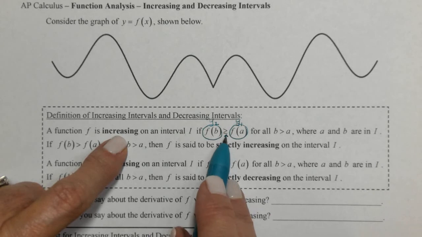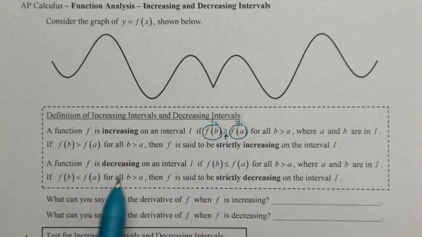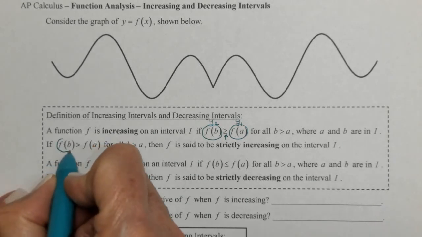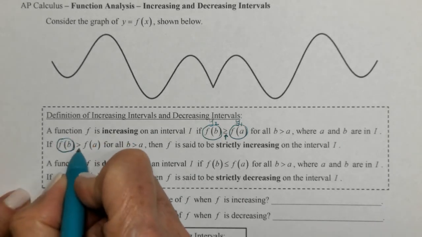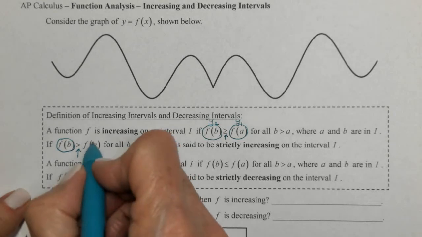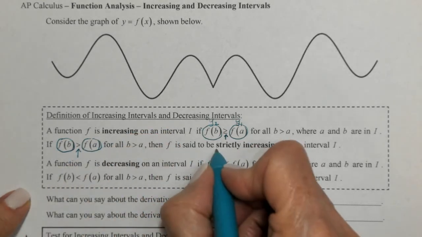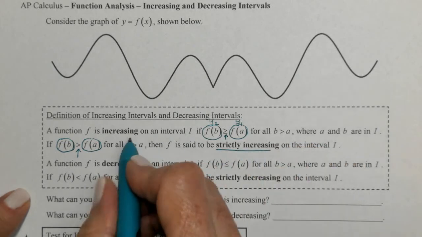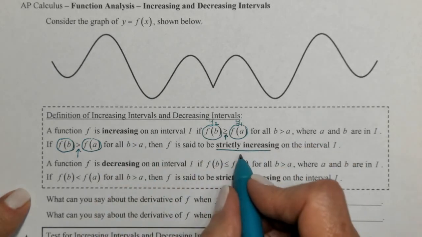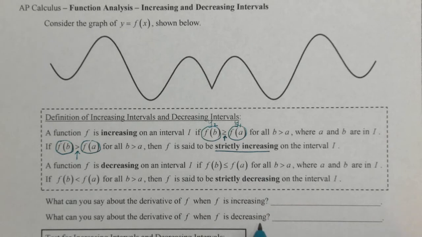Because of that little equal to, we're actually going to include a boundary if it is on the graph of f. If y2 is just greater than, and not greater than or equal to y1, then we say that f is strictly increasing on that interval.